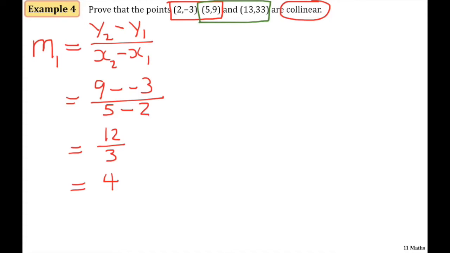second and third points. And I'll call that gradient 2.